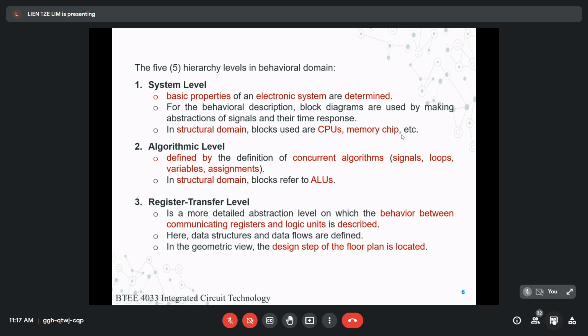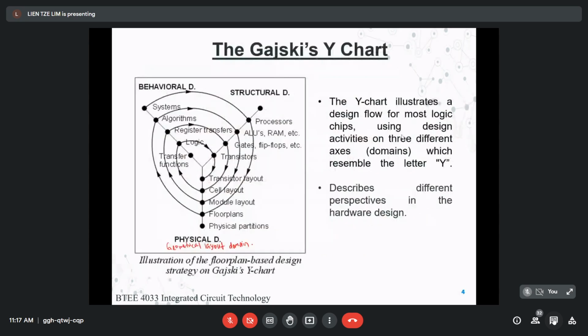How is this system level related to the structural domain? We can refer to the Y chart. You see this Y chart again. If you look at this chart carefully, there is an arrow and line here, and this arrow and line has its meaning.